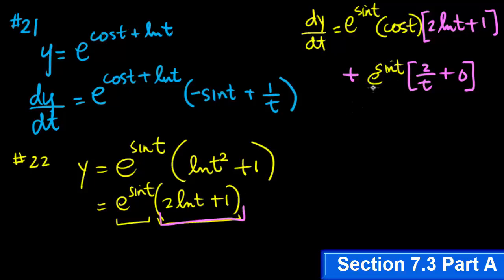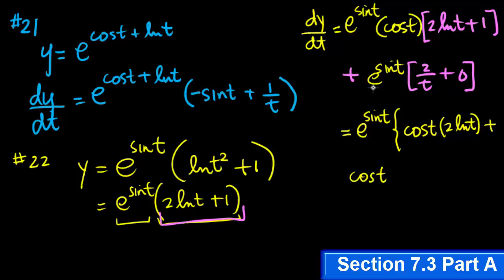Okay, so the rest is just simplifying. So I think what we can do now is just to go ahead and pull out e to the sine t. And then what do we have? Well, we've got cosine t times 2 natural log of t plus cosine t.